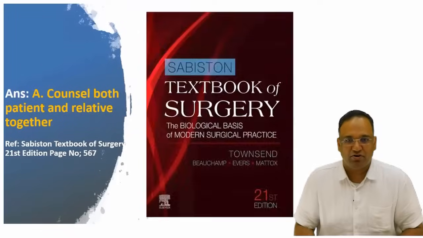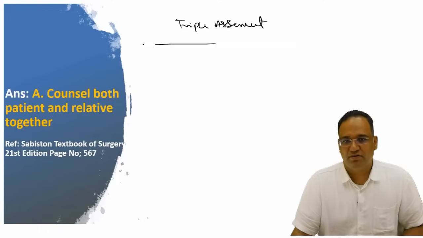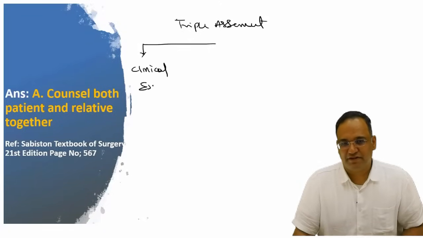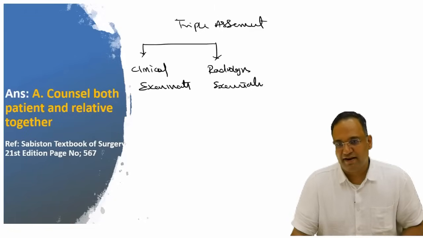Now, at the same time you should also understand that they'll always ask you about the triple assessment. In the management of breast cancer, the triple assessment is clinical examination, the next is radiological examination, and the next is pathological examination.